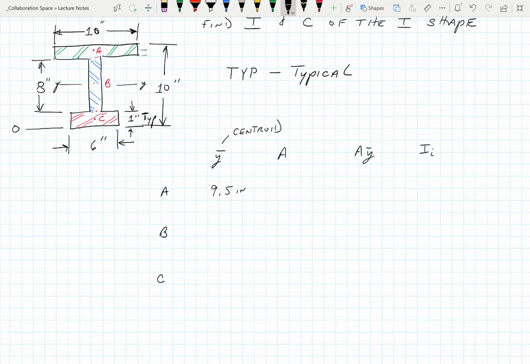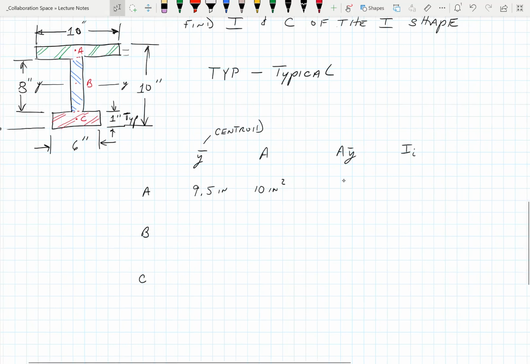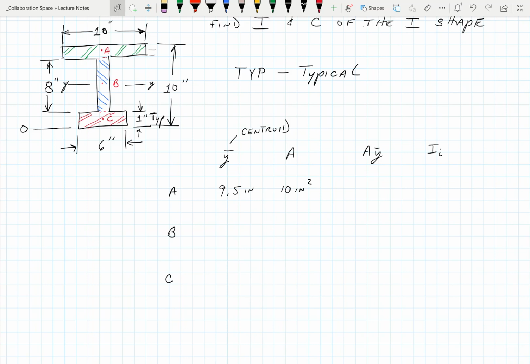Okay. The area of that shape, though, is going to be 10 by 1. Okay. And my y times A is going to be, okay.